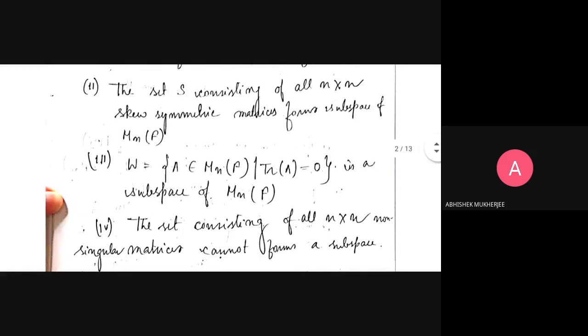The third question: here I have chosen a subspace W which is equal to A belongs to M_n(F) such that trace A equal to 0 is a subspace of M_n(F). And the fourth property is the set consisting of all n cross n non-singular matrices cannot form a subspace. Here this is the question.